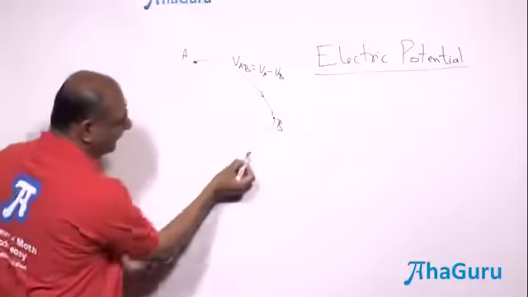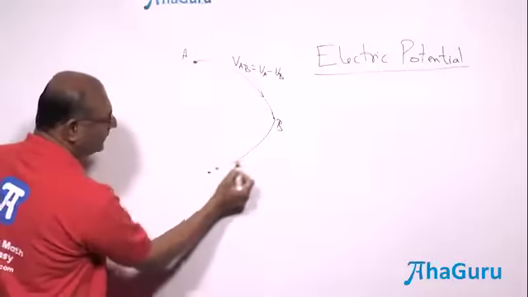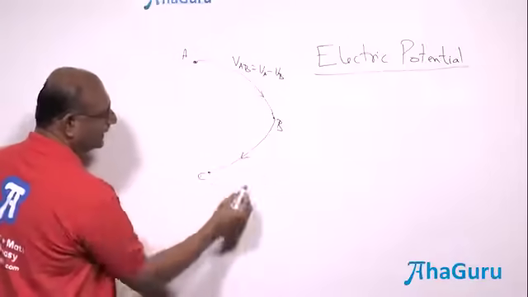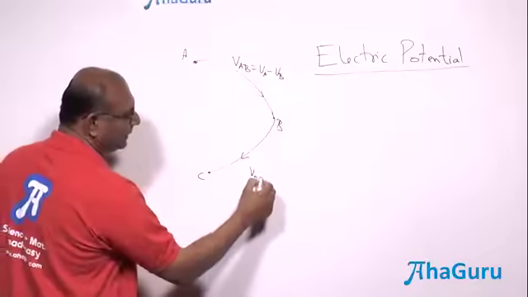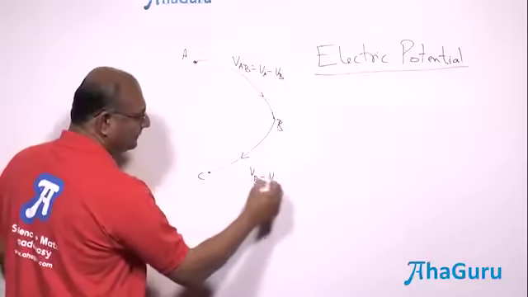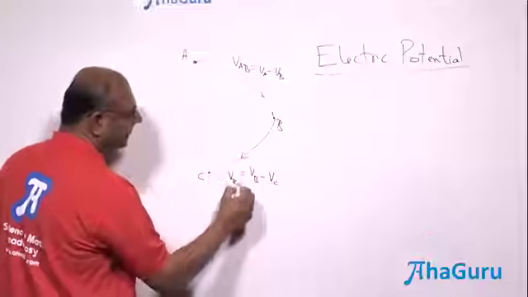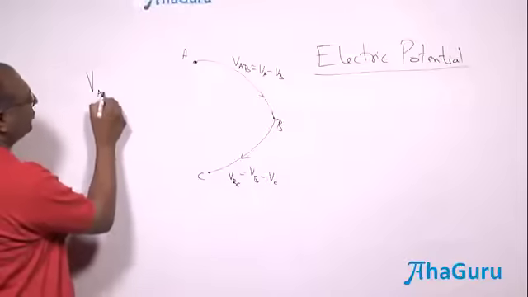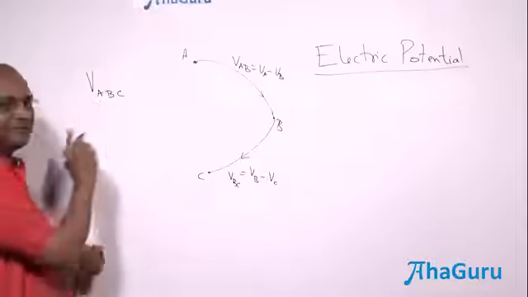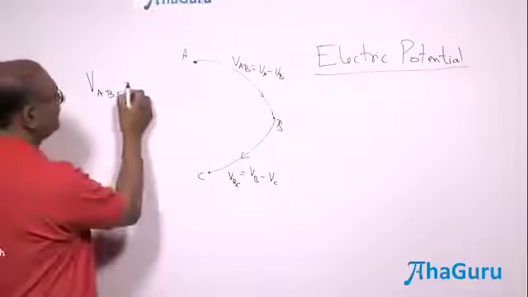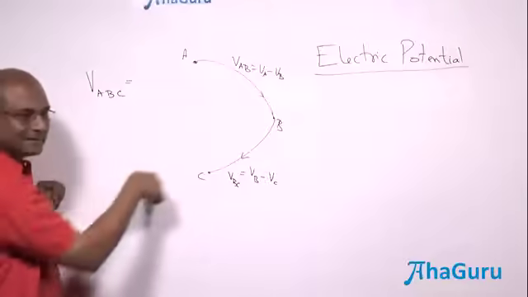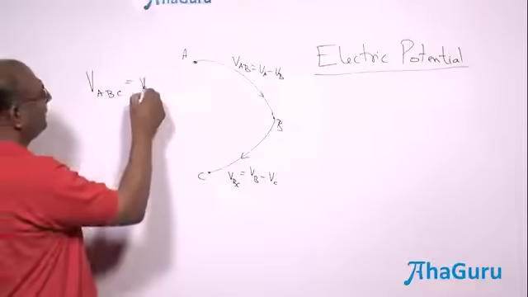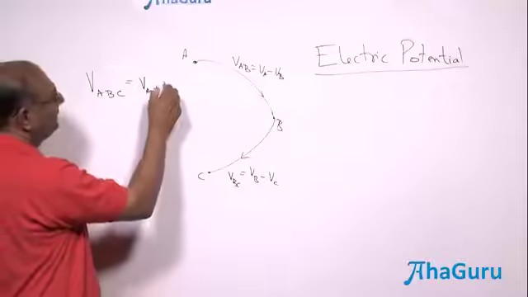Now I can go further and I can go from B to C. And if I did that, this would be VB minus VC, which is VBC. I can call this entire thing, A to B, B to C, as VABC, and that turns out to be VAB plus VBC.